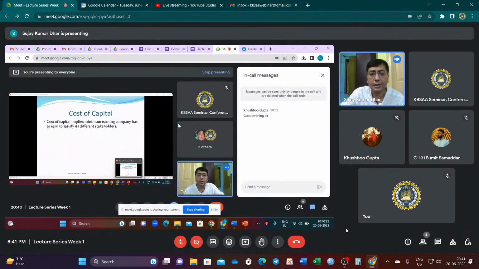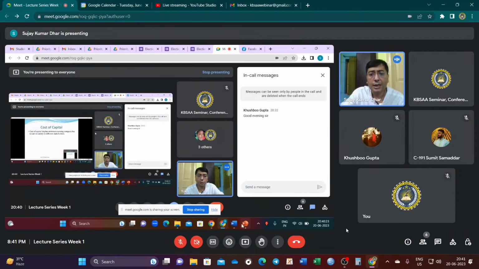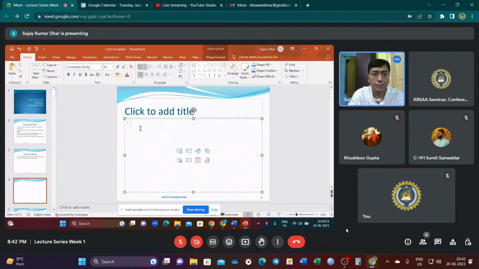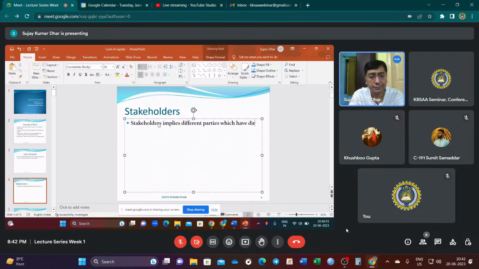See, when we are talking about stakeholders, let me define stakeholders first. Stakeholders implies different parties which have direct or indirect stake in the company. So, what can be the examples of stakeholders?